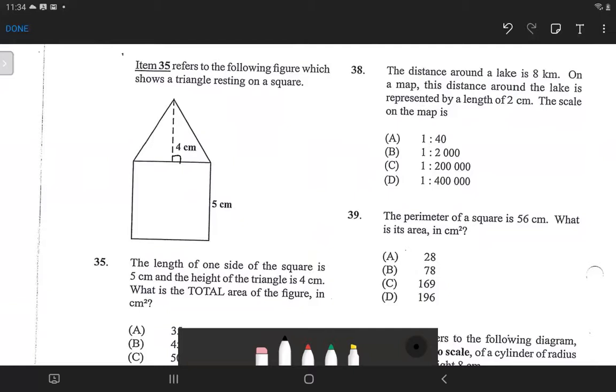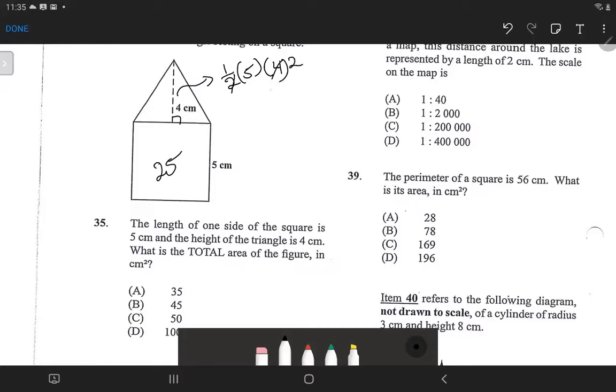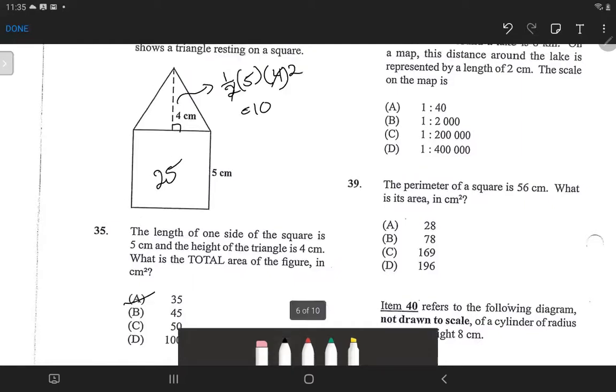The total area of the figure in cm squared: the area of the square is 5 by 5, which is 25, and the area of the triangle is equal to a half base, which is 5, by height, which is 4. You can cancel down and get 10. So this is 25 plus 10, which is 35 cm squared.